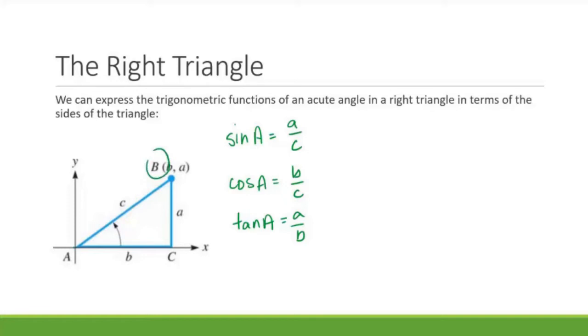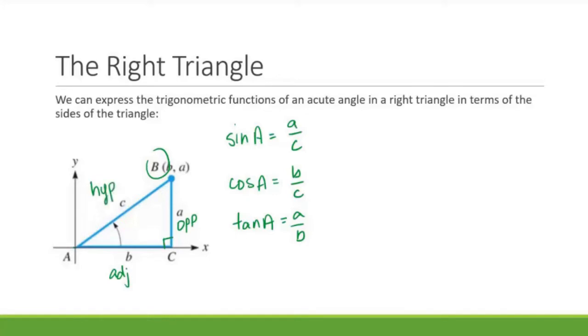But what happens if we're looking at angle B in this ABC right angle triangle? Well, now we have to think about it a little bit differently. So rather than thinking about x's, y's, and r's, we're going to think about the relationship between the sides and the angles. So side a is opposite from angle A, side b is adjacent to angle A, and side c is the hypotenuse.